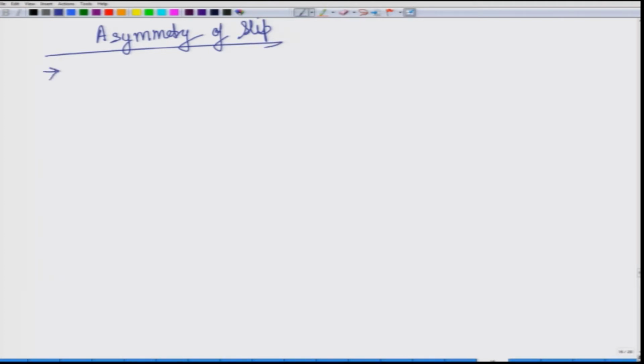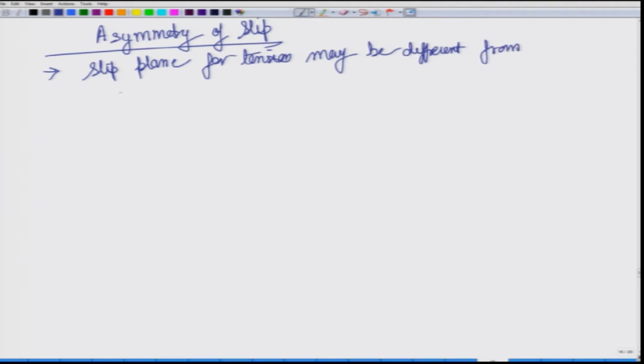What do we mean by asymmetry of slip? The slip plane for tension may be different from compression, and we are not saying that we are talking about different orientations.